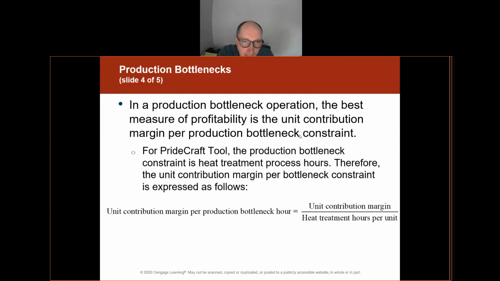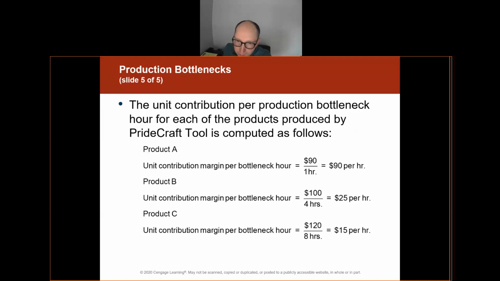If we're looking at the increase in production in order to get our bottleneck straightened out, we would figure out how much it's going to take each additional hour of treatment. So we take unit contribution margin divided by the heat treatment hours per unit in our example. And as you remember, unit contribution margin is your sales minus variable cost.